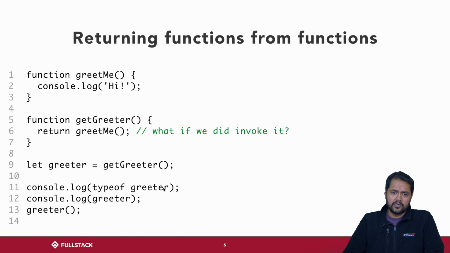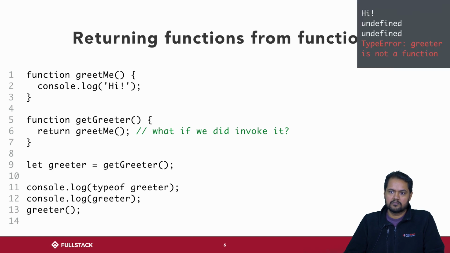And so greeter will be undefined. So typeof greeter should be undefined. Console log greeter will also give undefined, and then if you try to run undefined, you will get undefined is not a function, something like that, right? And so there you go. So you get hi first because right before you returned it, you ran greetMe, and so you get that hi right when this is run.